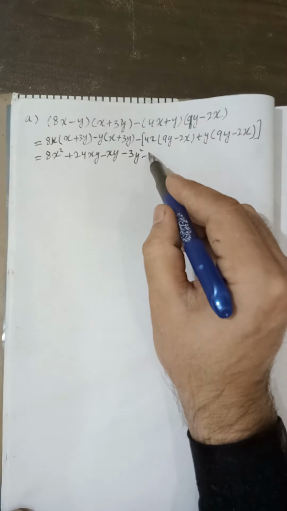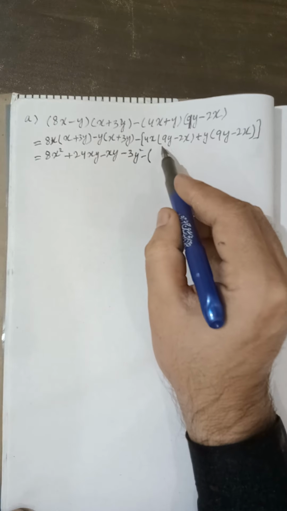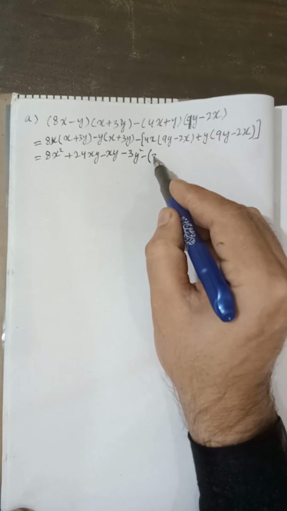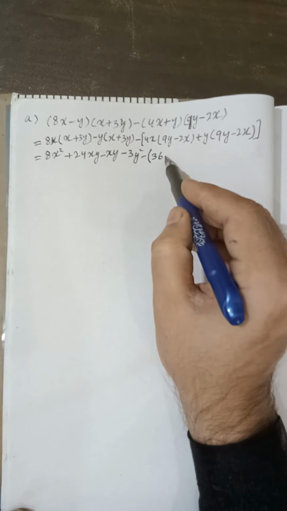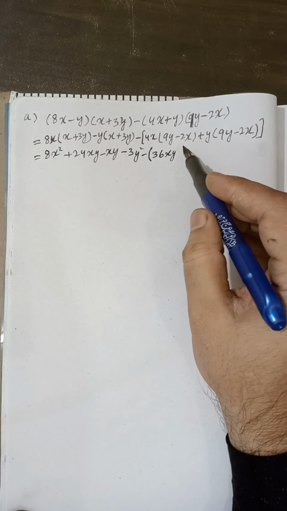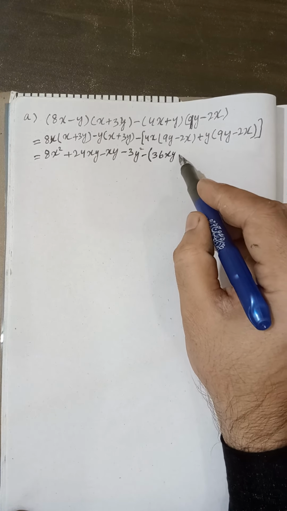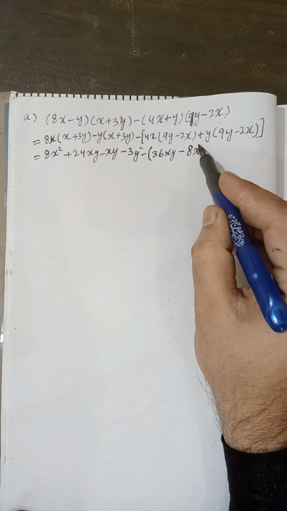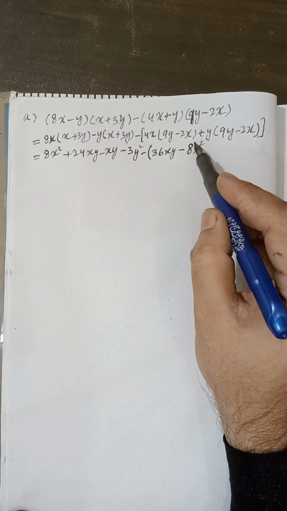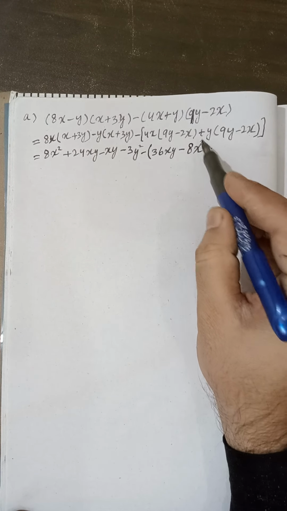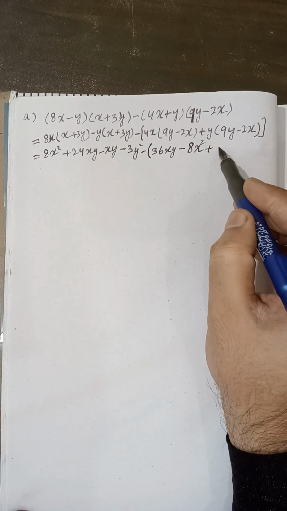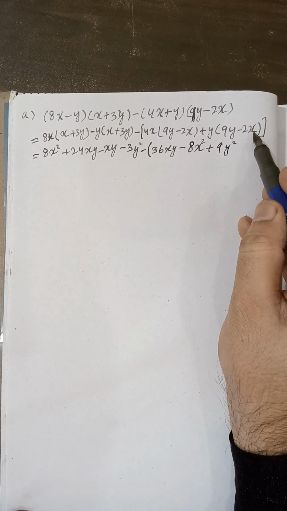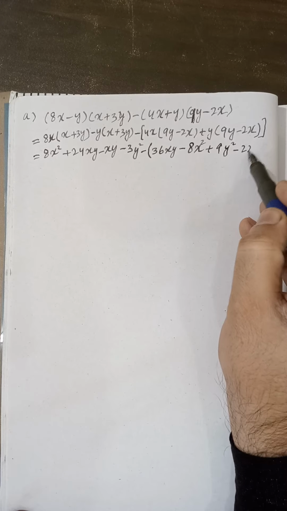then minus, and also use bracket yet. 4x multiplied by 9y, 4 9s are 36, x multiplied by y is xy, and then 4 multiplied by 2 is equal to 8, and x multiplied by x is equal to x square up to here. Then plus of this sign, y multiplied by y is y square, 9y square, y multiplied by 2x minus 2xy.